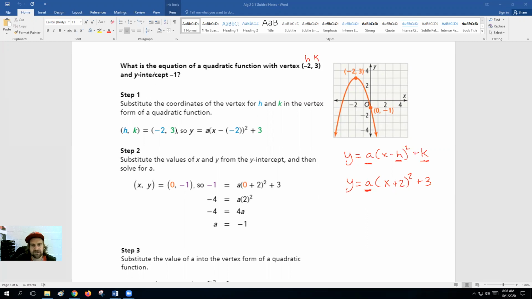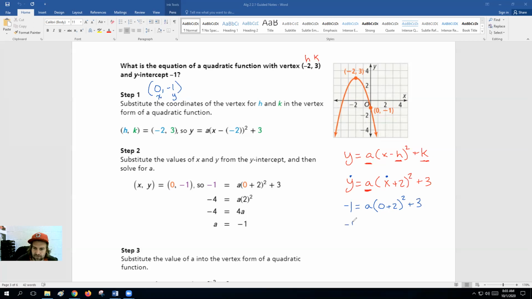They get real fancy in this first example and say the point is the y-intercept at -1. Really, this is a point at (0, -1), meaning our x is 0 and our y is -1. I'm going to replace our x and y with those numbers to solve for a. So this would be -1 equals a times (0 plus 2) squared plus 3.